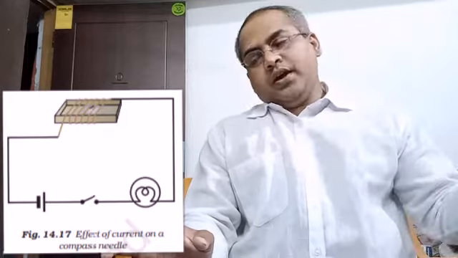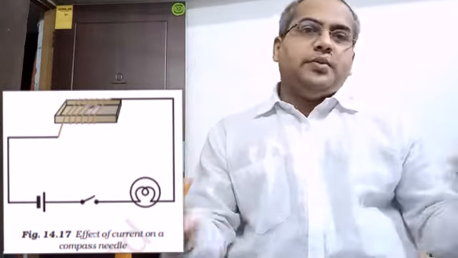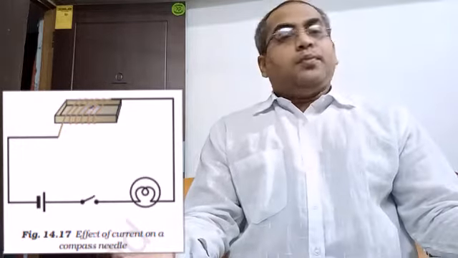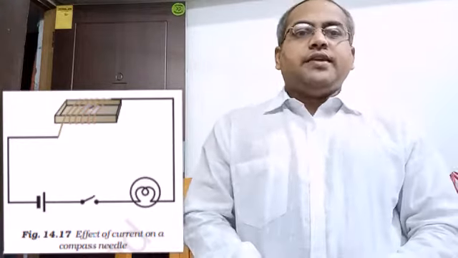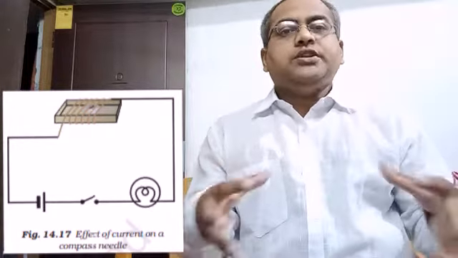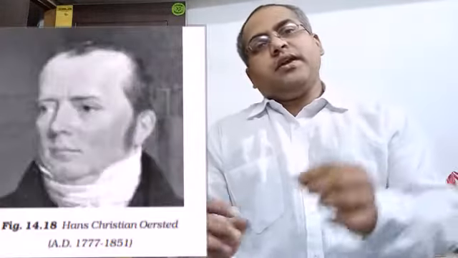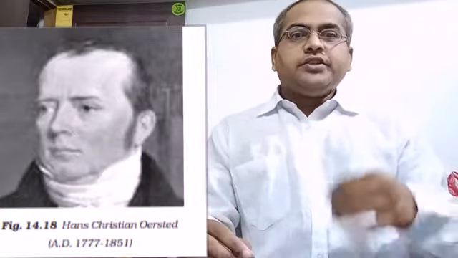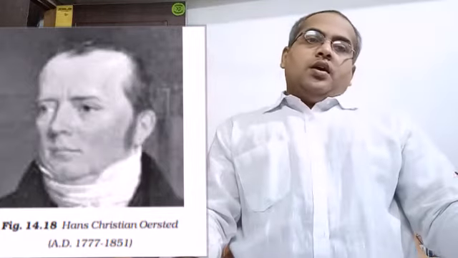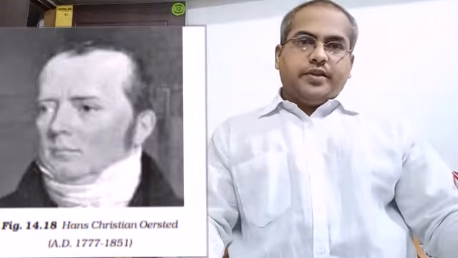As you bring the other magnet close, we all know that opposite poles attract each other and same poles repel each other. So whenever you bring another magnet close, it starts changing its position, it deflects. Now remove that magnet, and we are going to start our experiment.